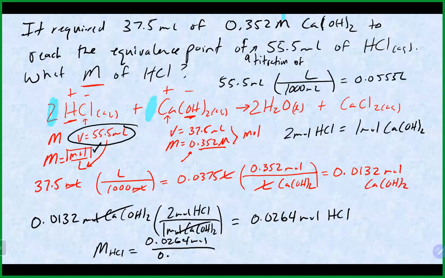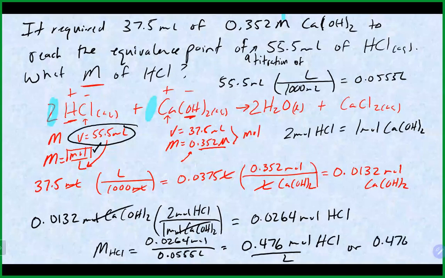That is what we want to make sure we're dividing by. And if we do that there, then looks like a 0.476 moles per liter of HCl. Or again, you could write 0.476 big M HCl, whichever way you would like to do that.